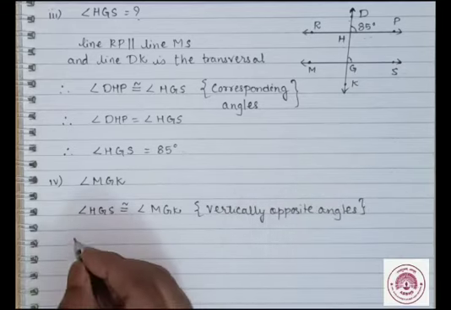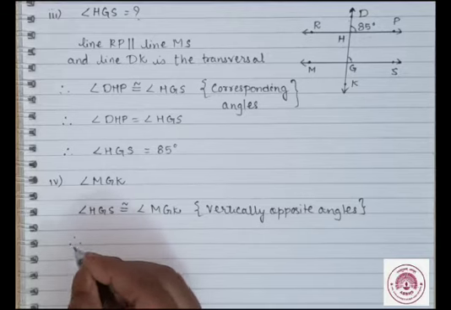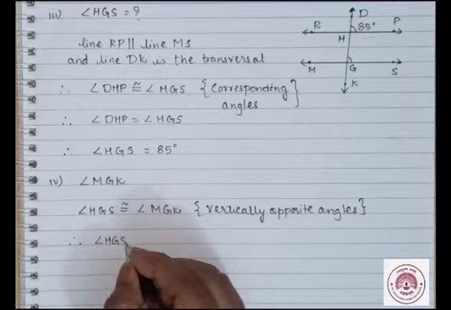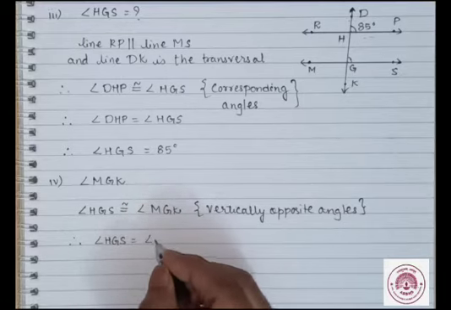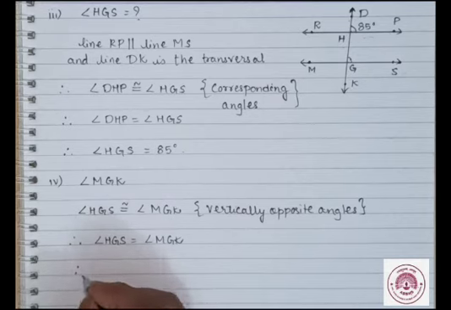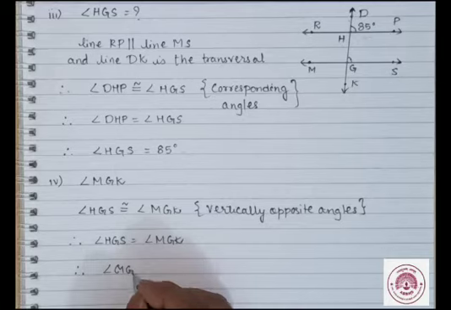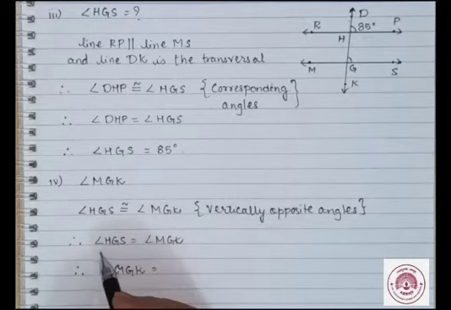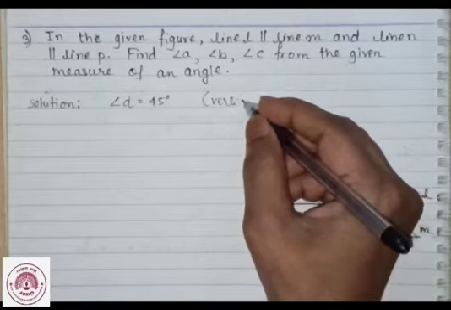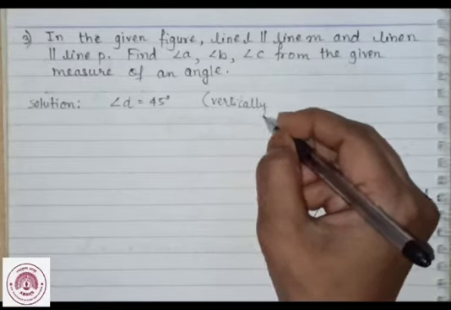So their measures are also equal. Therefore angle MGK is equal to 85 degrees because angle HGS is equal to 85 degrees. Okay. So done.